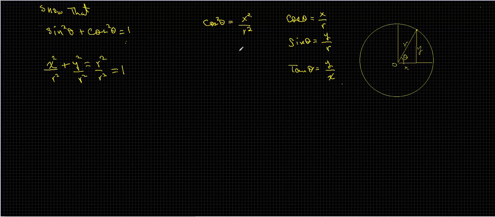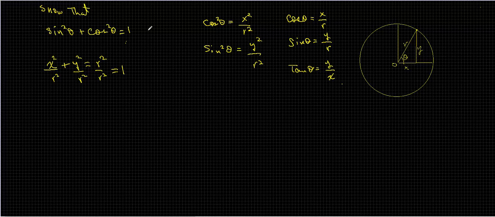Similarly, if I do the same thing to the sine of theta here, we're going to have the sine squared of theta equals y squared. Let me check that a little bit here real quick. That should be the sine squared theta equals y squared over r squared.